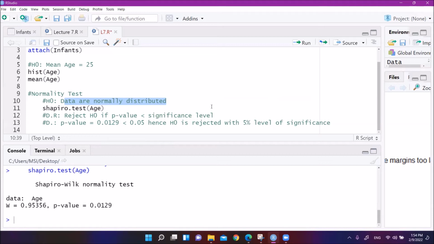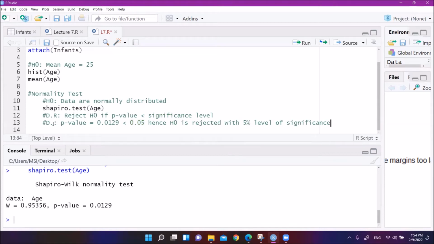Just because I'm checking this at the 5% significance level, the p-value is static for anything. P-value is static. We are checking this with our level of significance. So according to my interest, I cannot say that data are normally distributed because H0 is rejected at this percent of significance level. You have to write this whole statement completely.